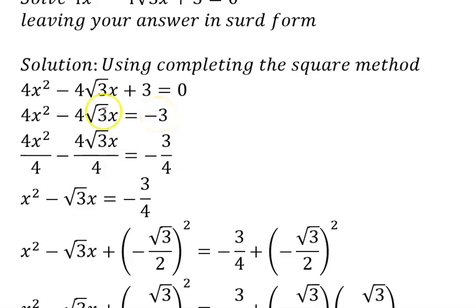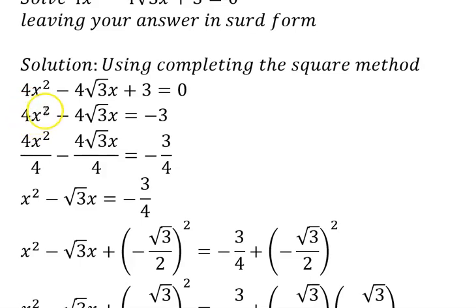The second step is to ensure the coefficient of your x squared, you can use any letter, be it y or z or x, but the one that is carrying the square, we want to ensure its coefficient is 1. The only way you can do that is to divide through by the number you have with this x squared.